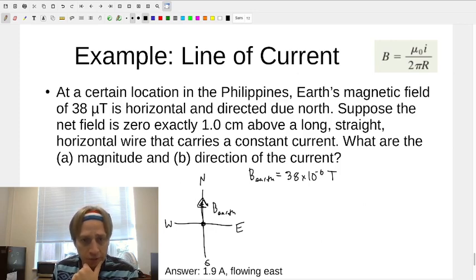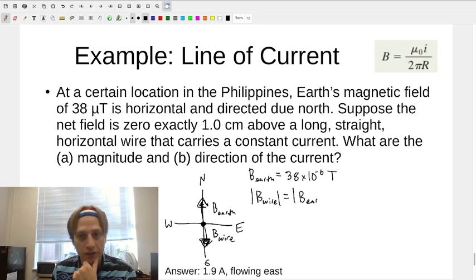Well, if right at this position the total magnetic field is 0, that must mean that the magnetic field from the wire is exactly opposite that of the Earth. So the magnitude of that B wire is equal to the magnitude of B of the Earth.